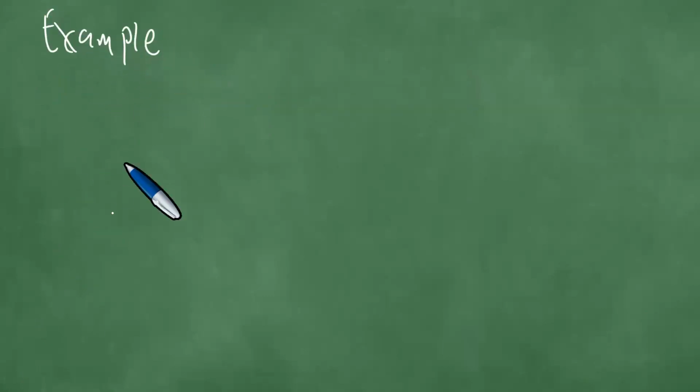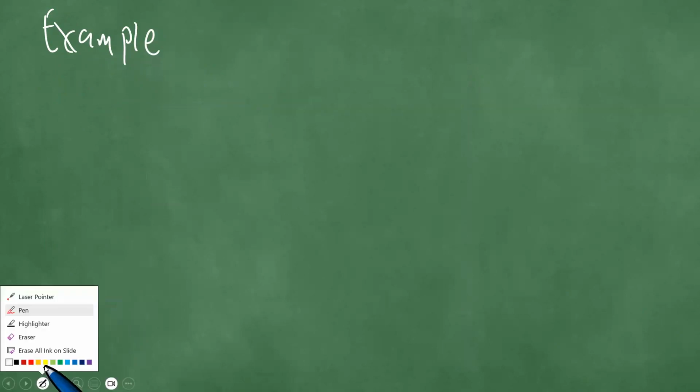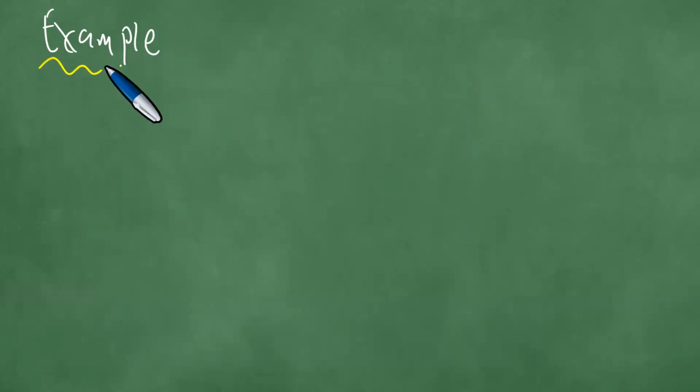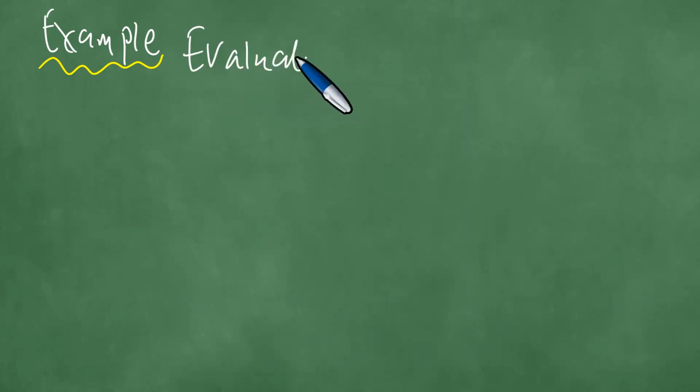Right, in the next example, we're looking at how to deal with more advanced integrals of the following nature. Integrals involving radical signs. And here comes the question, and it says, evaluate.